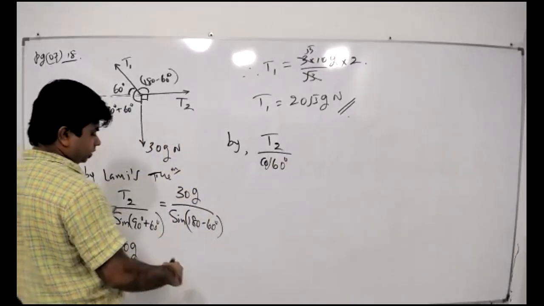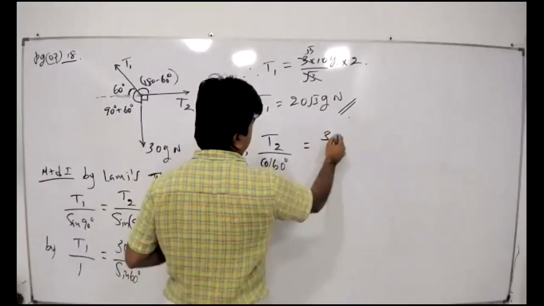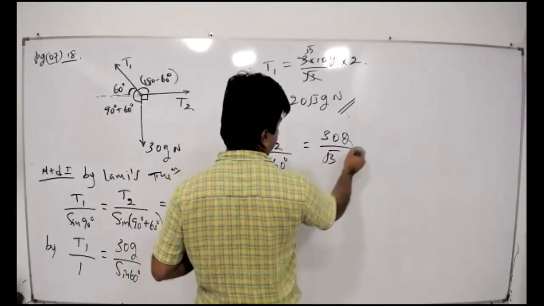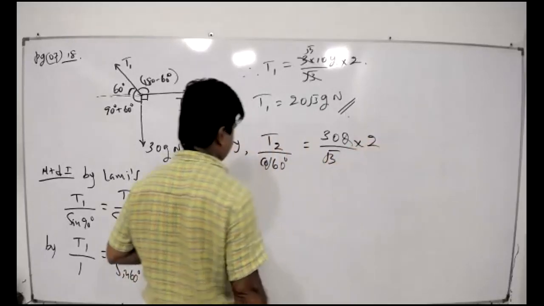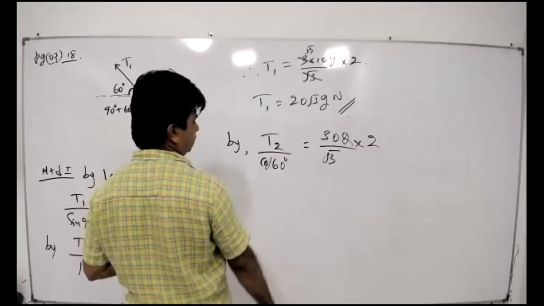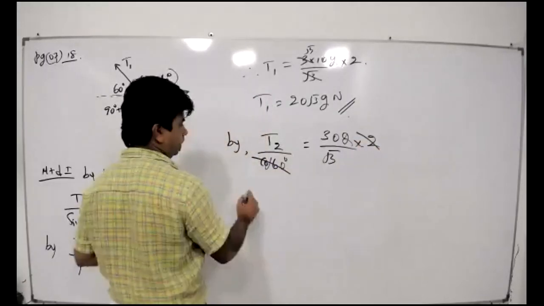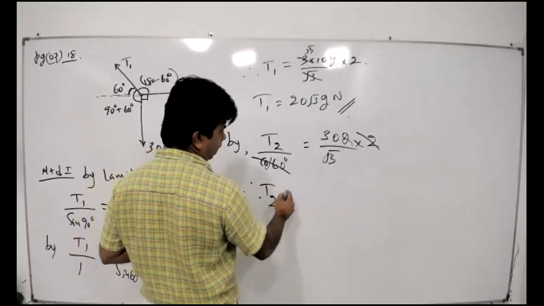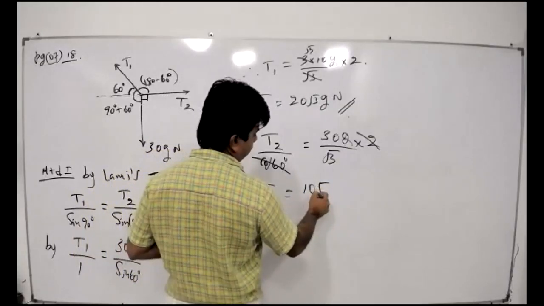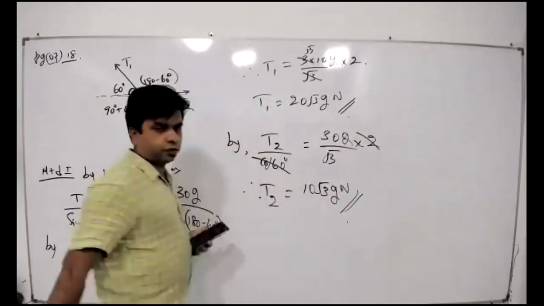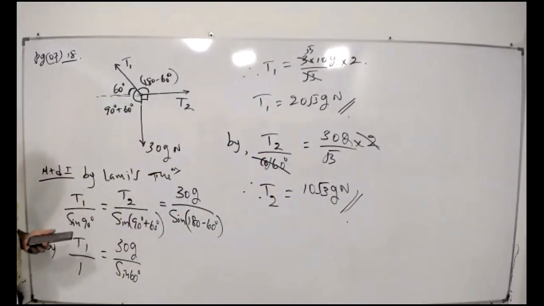Sine of 90 plus 60 is cos 60, equals 30g over sine 60, which is root 3 over 2. Then here cos 60 means half, that time this will cancel. Therefore, T2 will be 10 root 3 g. These are the values of T1 and T2, clear, right?